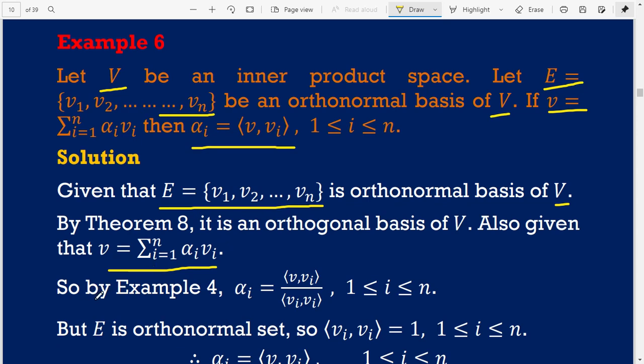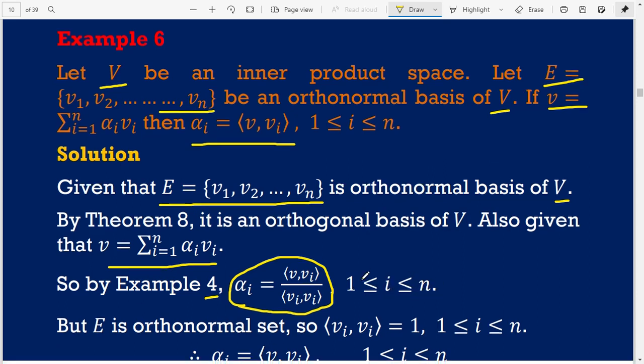So by example number 4 in the previous lecture, alpha i is equal to inner product v with Vi upon inner product Vi with Vi, for 1 less than or equal to i less than or equal to n.